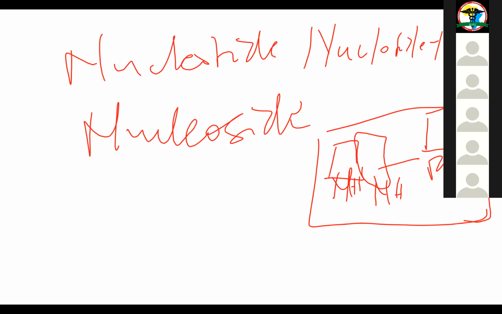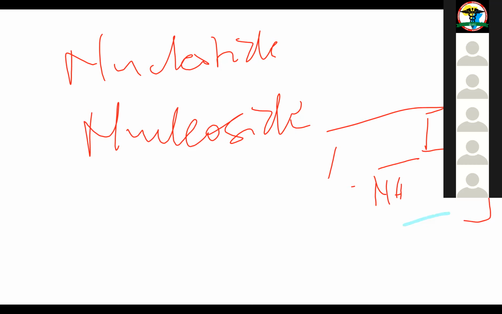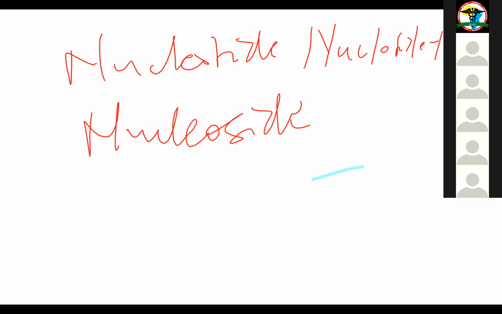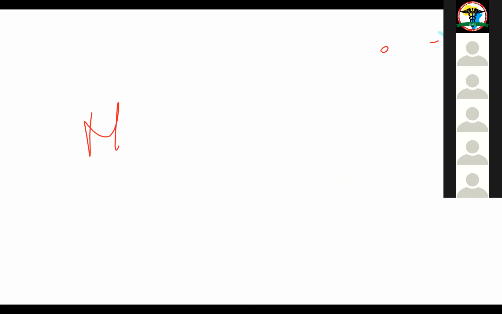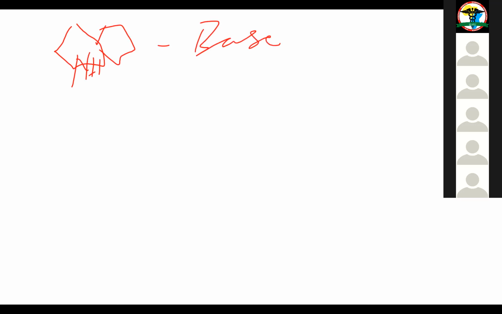So now I'll go back to the base and start everything again so you get a bigger picture of it. You start with the nitrogenous base. This is a base. Then you pick this base and add a sugar to it, the ribose sugar.